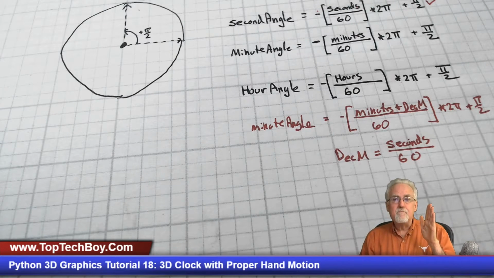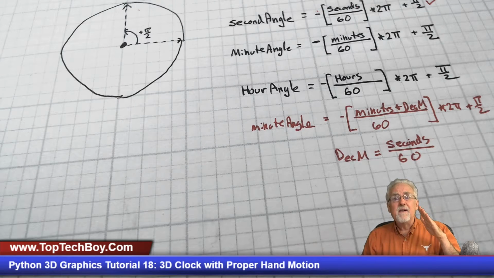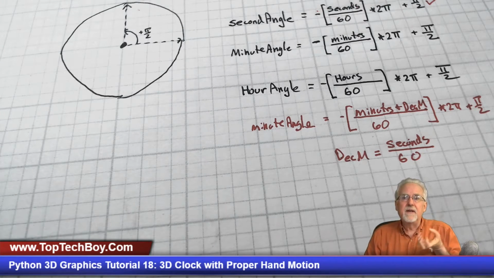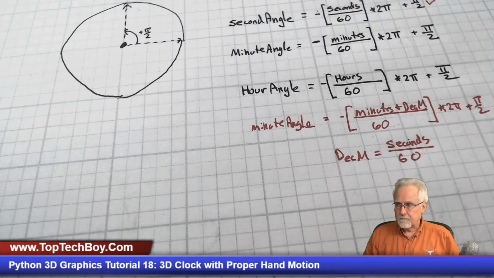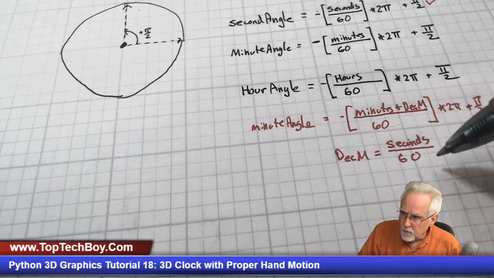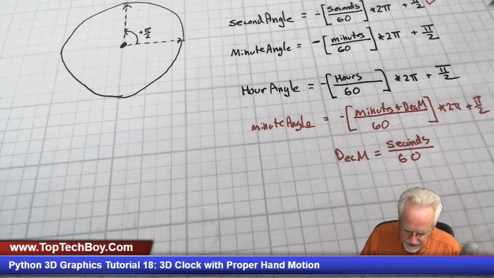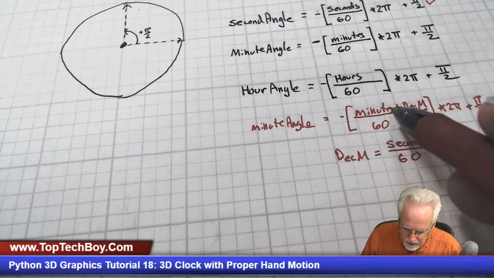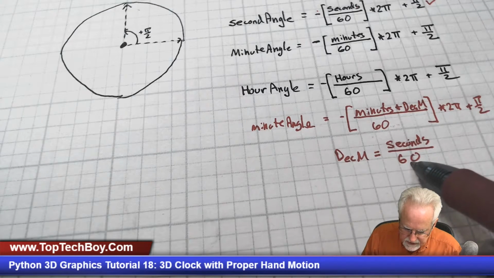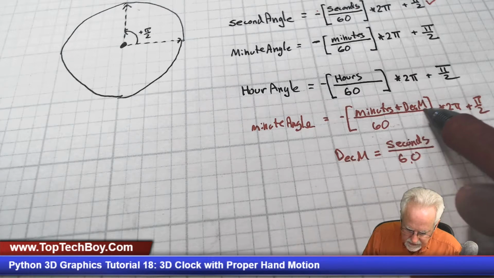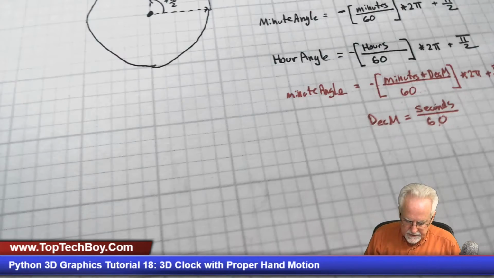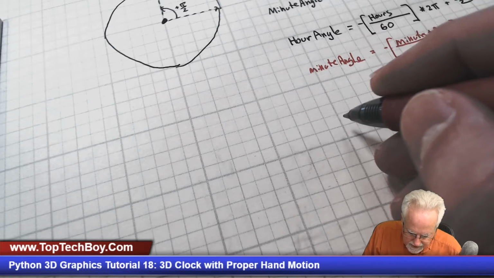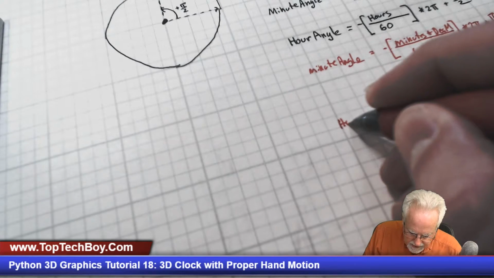Well, it's going to have minutes plus the fraction of a minute, and then divide that whole thing by 60. You want to make sure that you do your parentheses right. So you're going to have minutes plus seconds divided by 60, and then that whole thing divided by the 60 minutes in the hour.